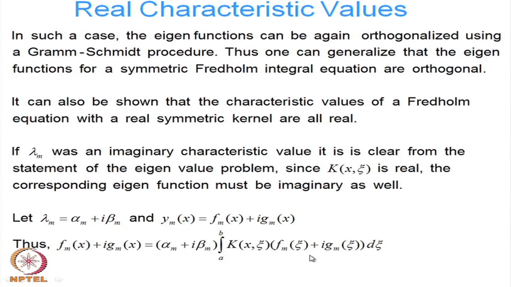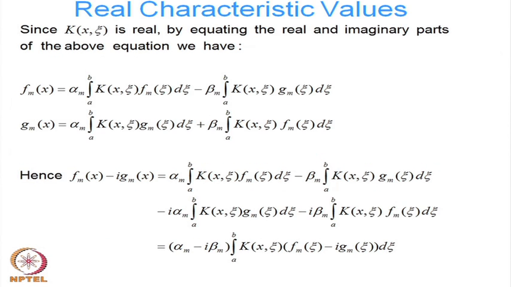If I write it like that, group the real and imaginary terms together, and equate the real and imaginary parts, I get f m of x equal to this, and g m of x equal to that.